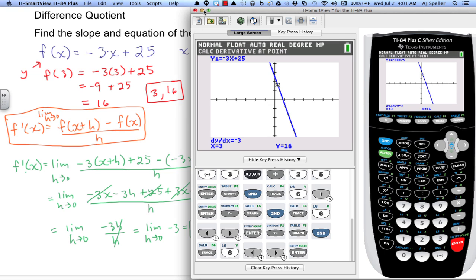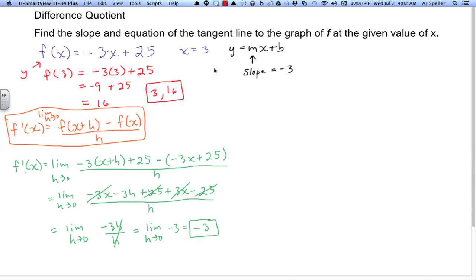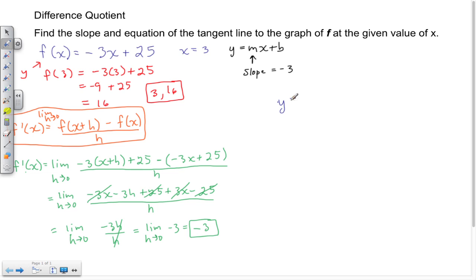Alright, let's return back to the handwritten portion. The second part of this is to find the equation of that tangent line. So let's begin by restating the slope-intercept form, which is y is equal to mx plus b. Here we know that y is 16. We figured out that m is negative 3.